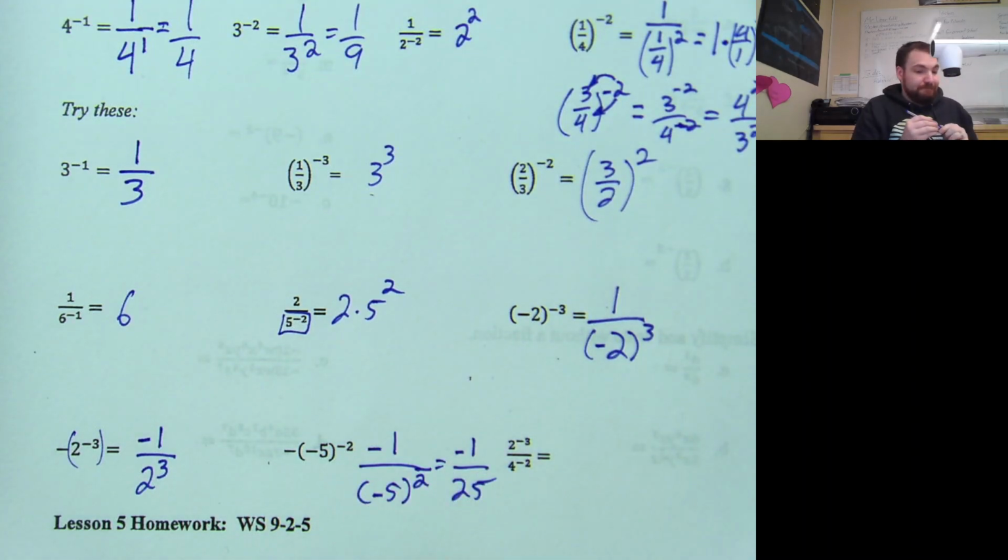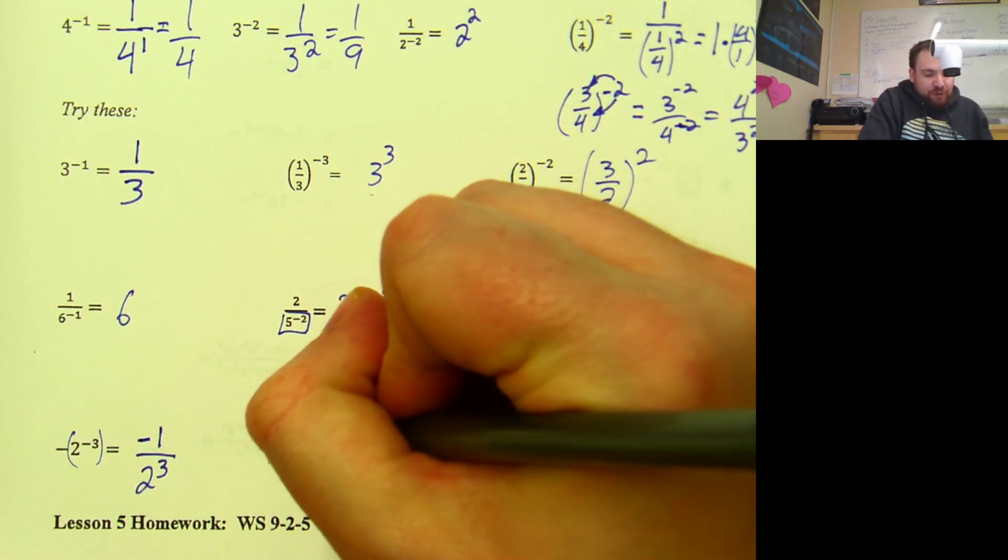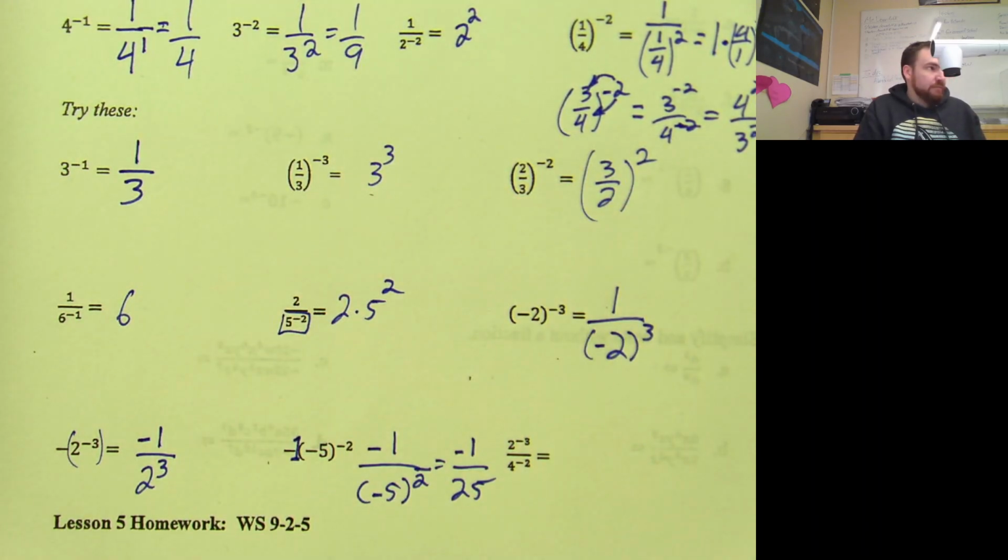Danny, so you're taking the negative 5, and you're first, but are you just taking that whole thing and putting it over 1? When I have a negative out front, this is the same thing as multiplying by negative 1. So that negative 1 is just going to get left in the numerator. Negative 1 times negative 5 to the power of negative 2, yes.